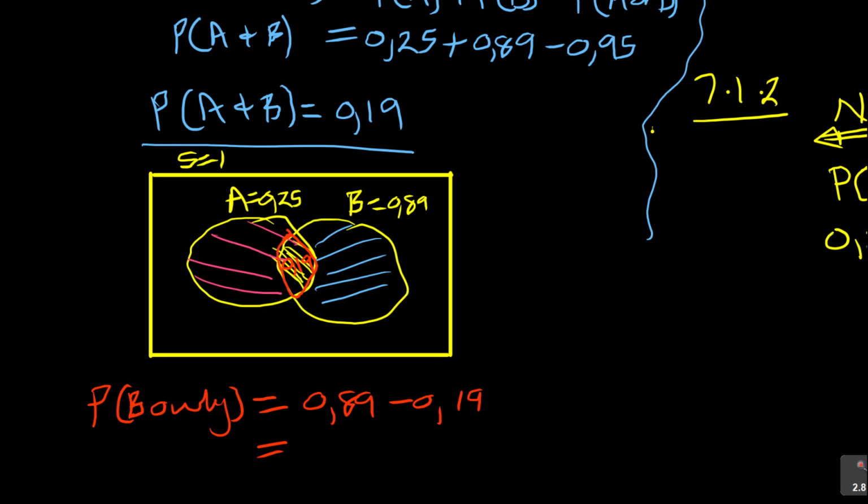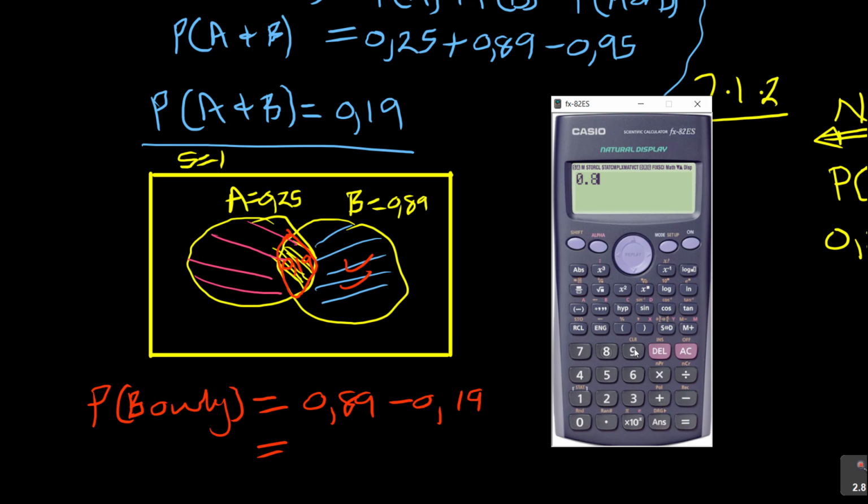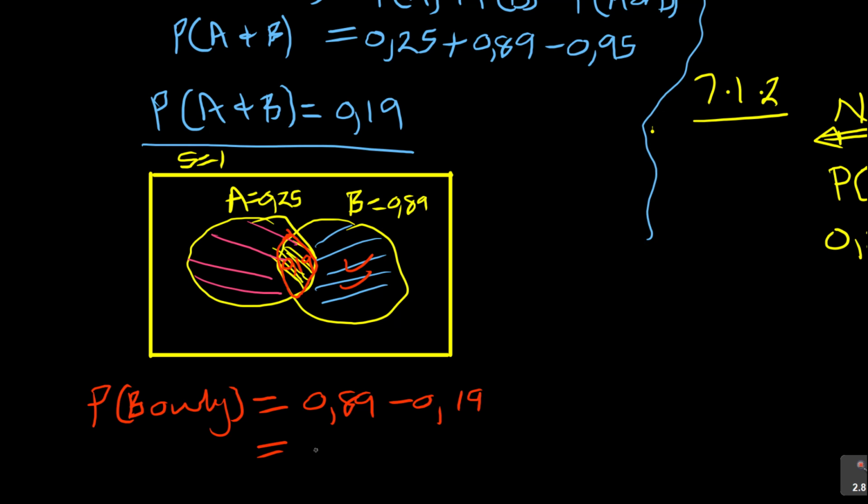You need to take it off. B only is that side. So if you subtract that, 0.89 minus 0.19 becomes 0.7. Alright, that is the probability of B only.